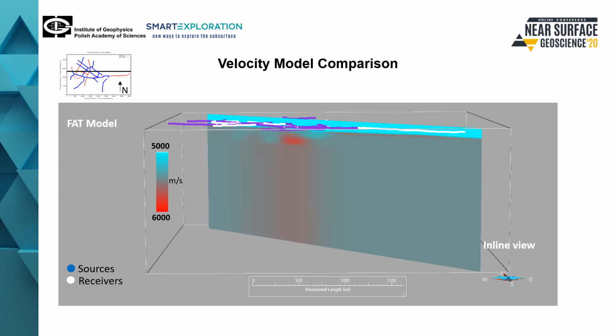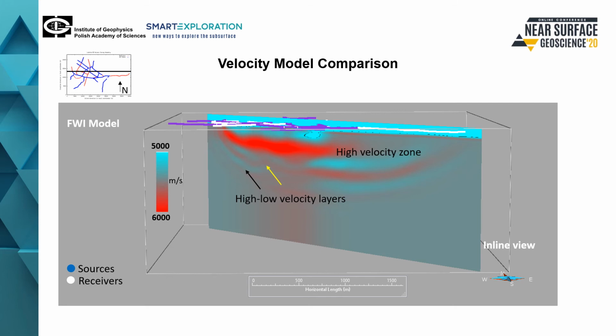Here, we are again comparing the FAT and FWI velocity model for a different inline location. Here as well, we can see that the FWI derived velocity model shows greater details along with some structural features marked by the yellow arrow.